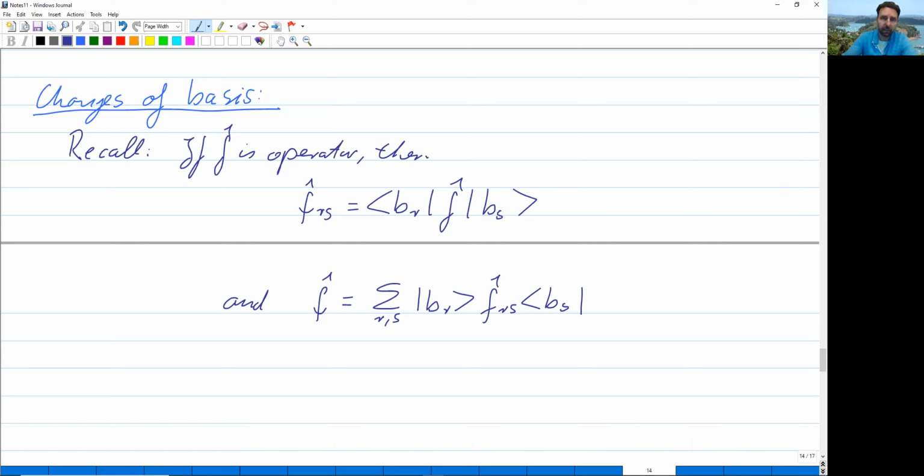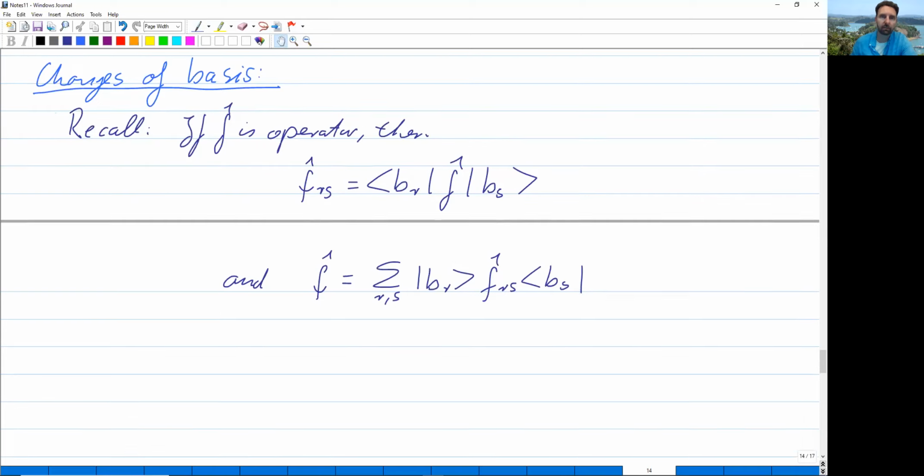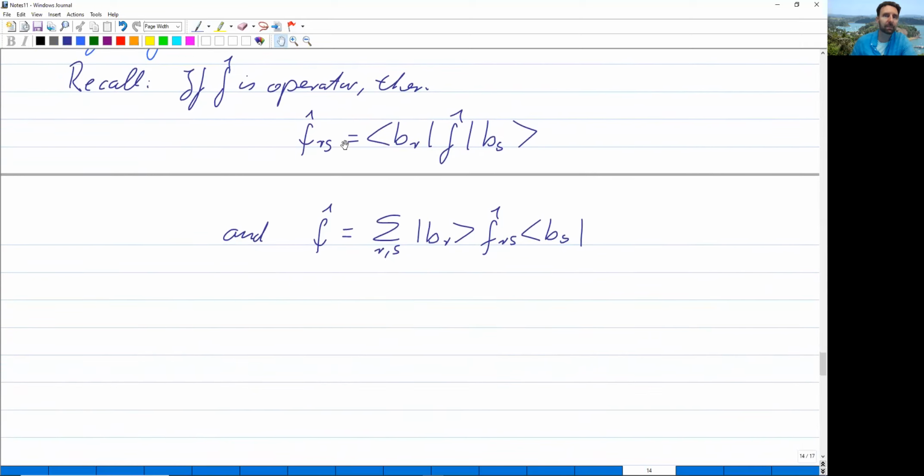And we calculated that with resolutions of the identity. Just go back a few minutes in the video and you will see how we derived that. Okay, so let me remind you that this is what we had when we went back and forth between abstract operators and their matrix representations. Remember that the f hat could be any operator, x hat, p hat, whatever.